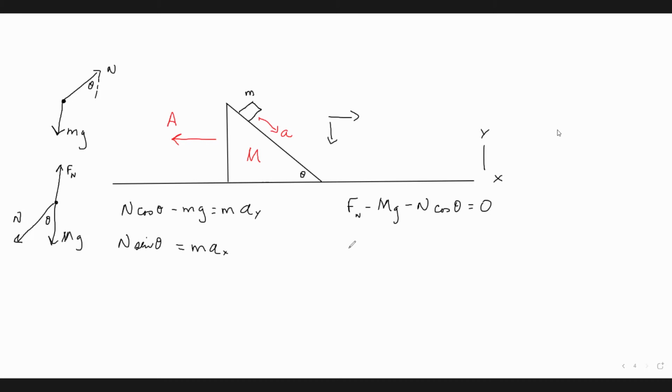But we're going to have, for our next equation, what we need, almost. And that is going to be minus n sine theta is equal to big M times big A. So I could write A sub x, but A is in the x direction only, so I'm going to write it like this. Okay, so how many total unknowns do I have?